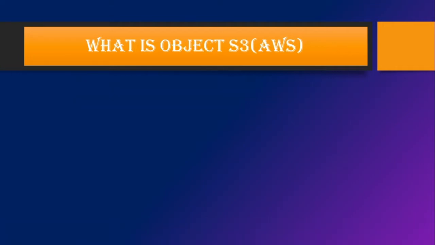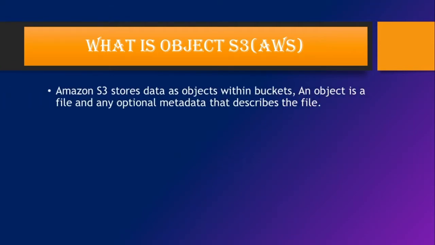Now next, what is an object in S3? Amazon S3 stores the data as objects within buckets. It means your data is your object. An object is a file and any optional metadata that describes the file.